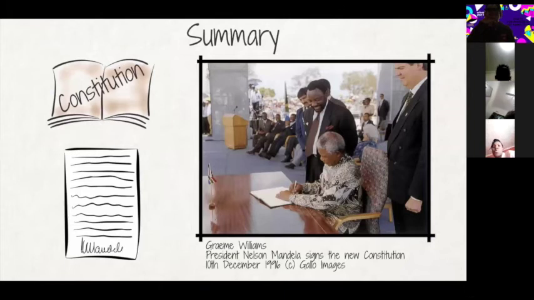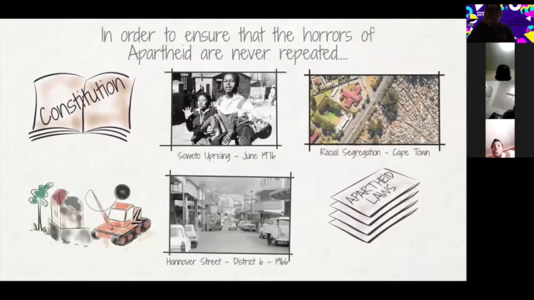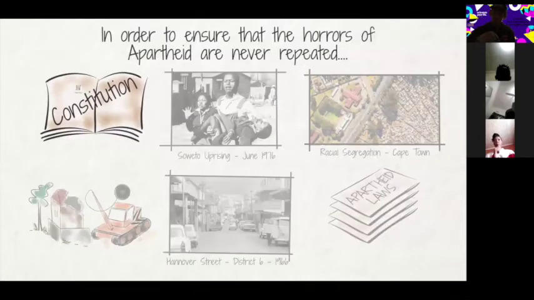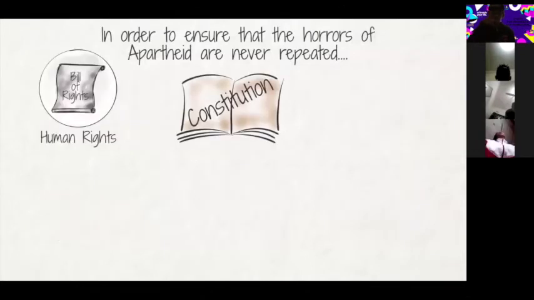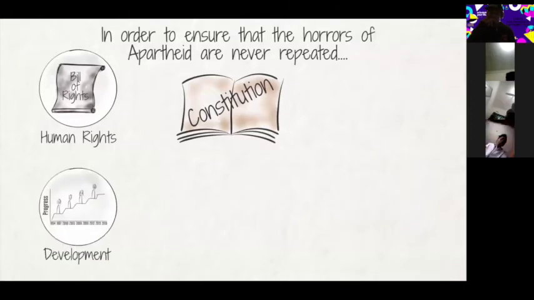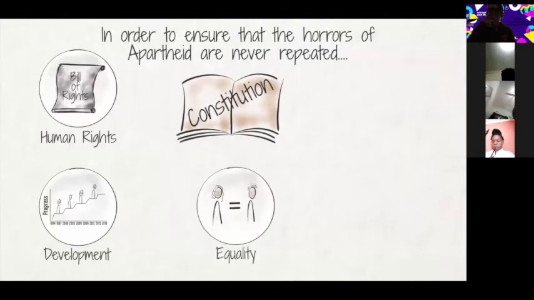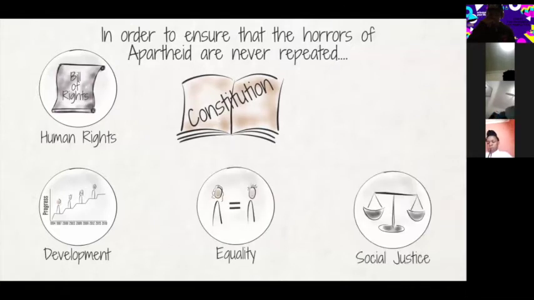In order to ensure that the horrors of the apartheid era are never repeated, it protects a wide range of human rights. The Constitution also provides a legal framework for South Africa's development as a constitutional democracy based on the principles of equality, social justice, and freedom.